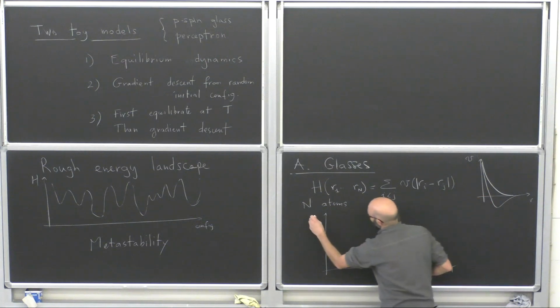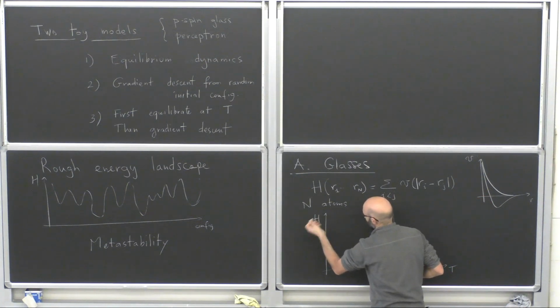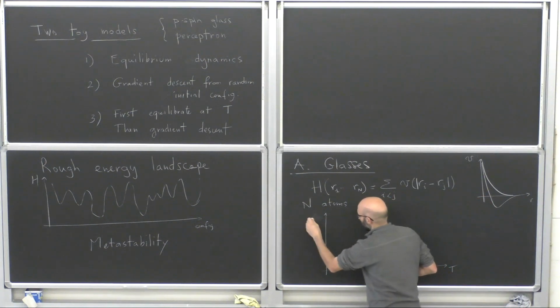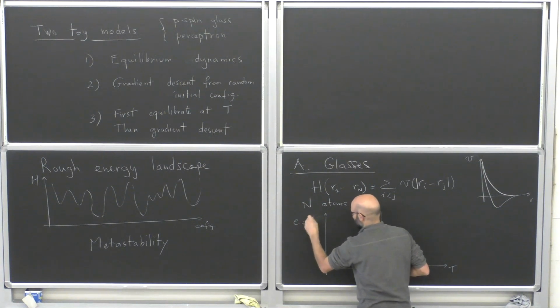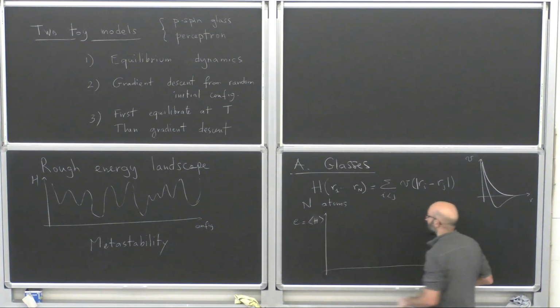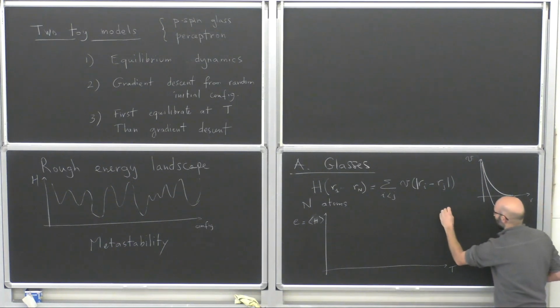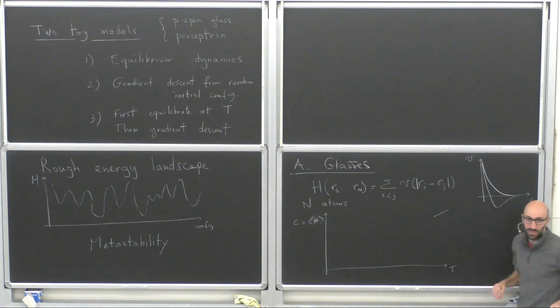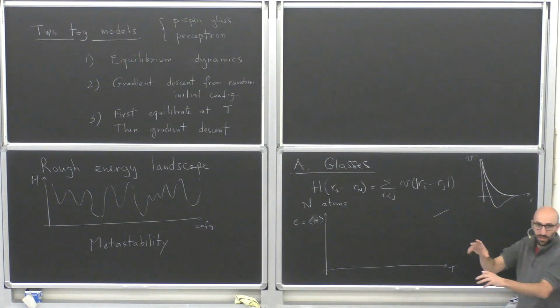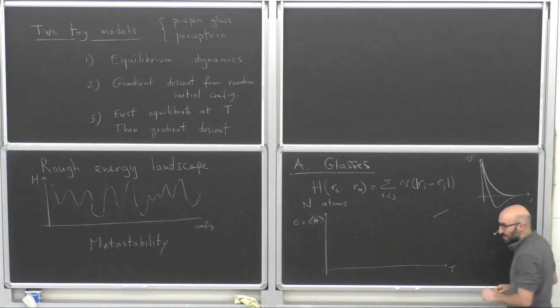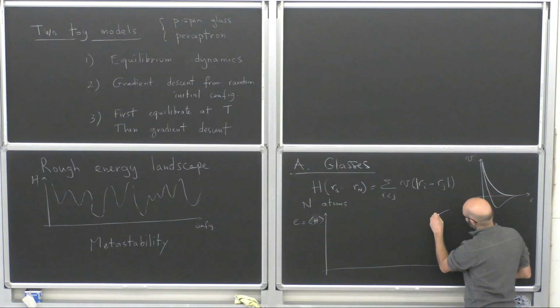And if this is energy, the average of the Hamiltonian, you start somewhere here and you start cooling your system. So you typically take your melt and you let it cool down. And what happens is that the energy will go down.